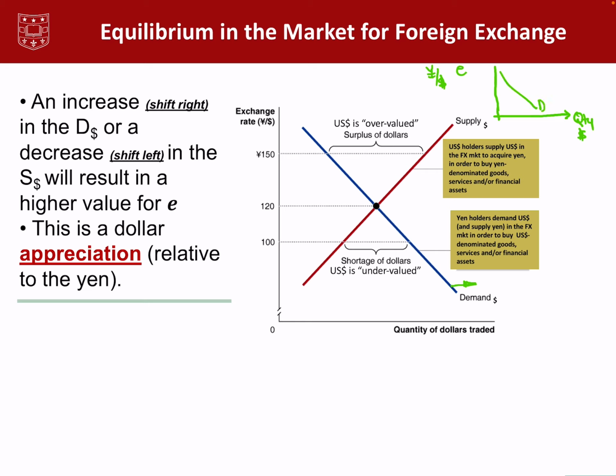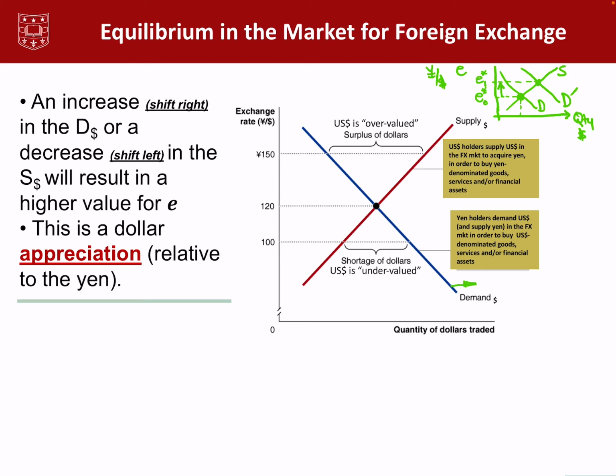If this is the initial demand curve and the new demand curve shifts out to the right like that, then we can confidently say that the exchange rate is going to go from E0 star to E star 1. So this movement of the exchange rate in an upward direction is going to be an appreciation of the dollar relative to the yen.